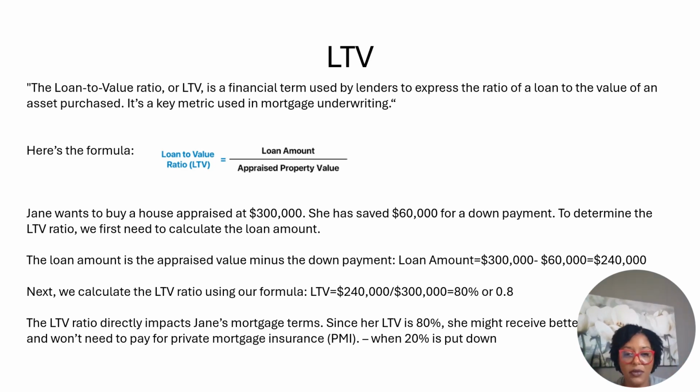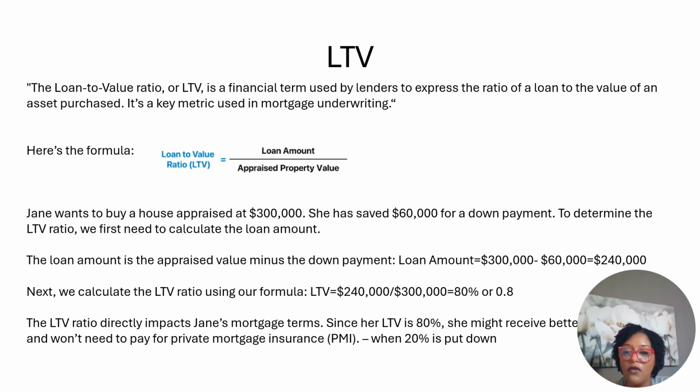So now with the formula, we're going to just plug in the numbers. This one is easy. You just got to know the formula. So the actual loan amount is 240,000. Divide that by 300,000, and that equals 80%. If you do it in a calculator or on paper, it'll come out 0.8.